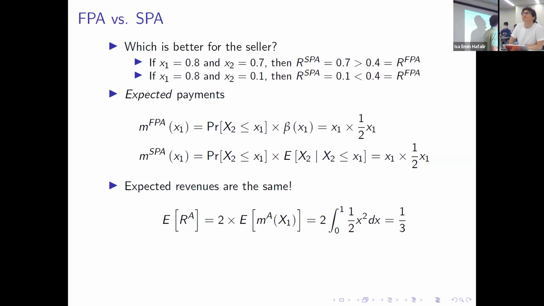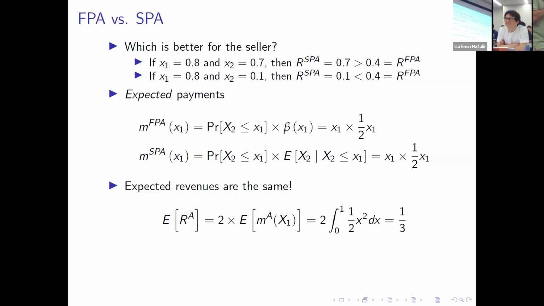So here the second price auction is generating a higher revenue. Whereas if the values are 0.8 and 0.1, then in a second price auction the selling price is 0.1, and in a first price auction the selling price is 0.4. So from an ex post perspective, the two auctions can generate different revenues.